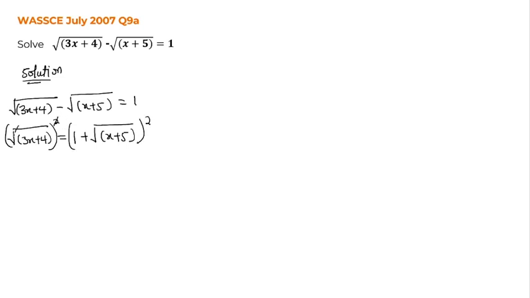So this cancels this, so we have 3s plus 4 is equal to, now these are two different terms, it's like a plus b all squared, and if we expand this we are going to get a squared plus 2ab plus b squared.